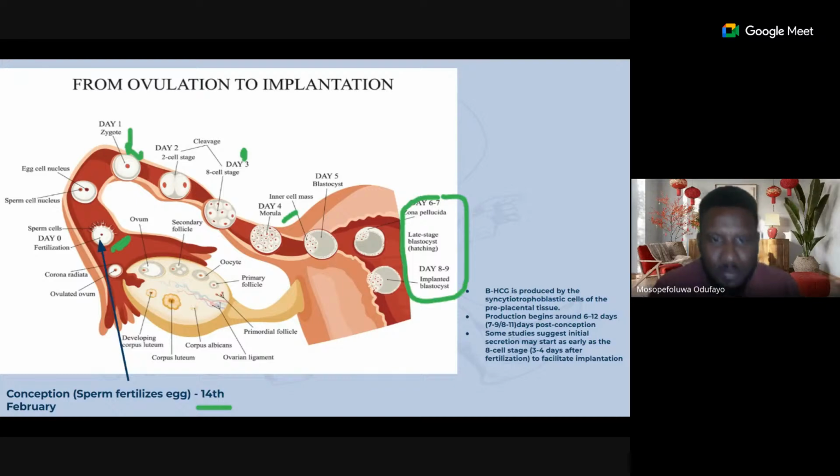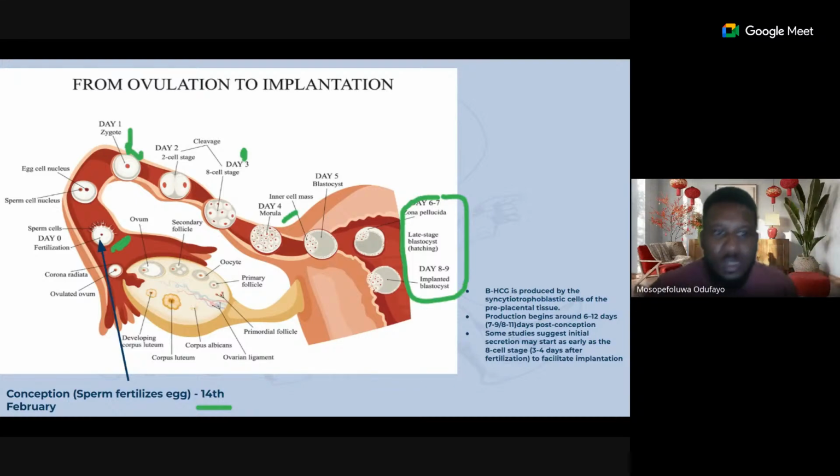Is that okay? This beta HCG is what we now use to detect via the blood or via the urine whether a person is pregnant. So it's very rational to say that the earliest time you can detect your beta HCG will be around 3 weeks from your last menstrual period, or about 1 to 2 weeks post-conception, because production will begin around the 6th day post-conception, around the period where the blastocyst forms and begins to release it.